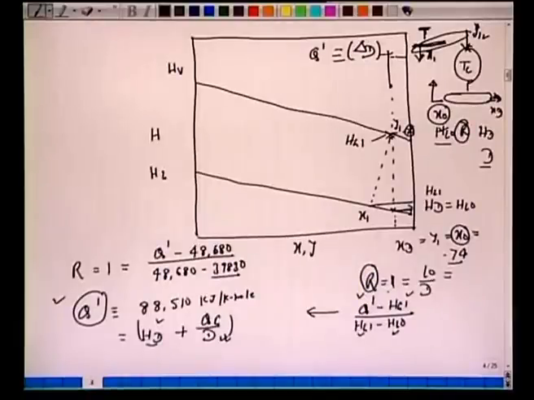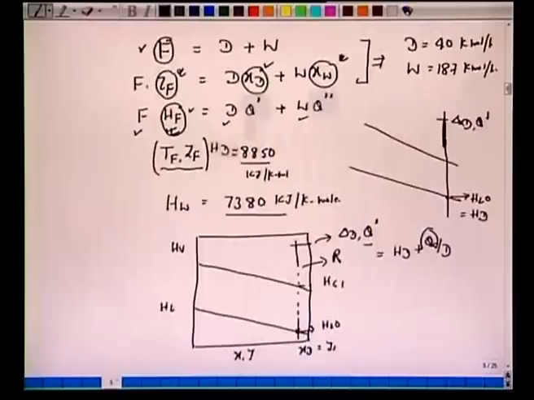We wrote R equal to L0 by D. All these points were known here, Q prime, HG1, HG1, HL0. All right. So from here one can calculate this QC. QC will turn out to be 3.16 into 10 to the power 6 kilojoule per hour.